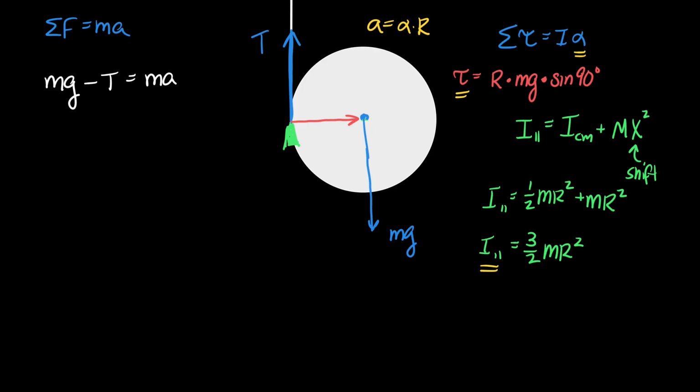You don't have to worry about it. So here we go. Let's put all the pieces together. R mg equals 3/2 mr squared times a over R.